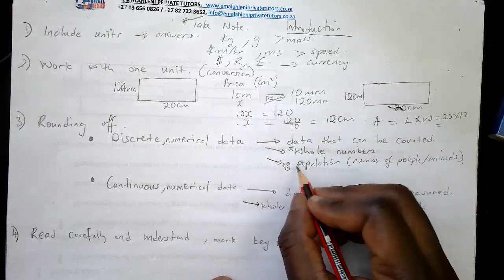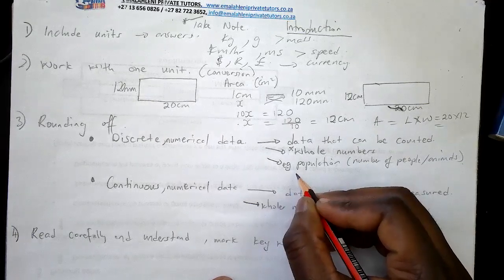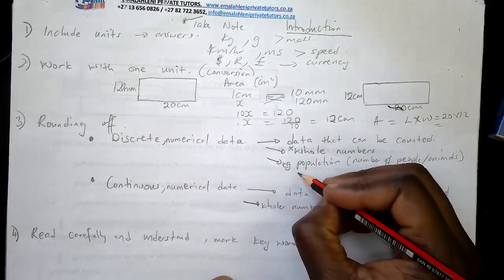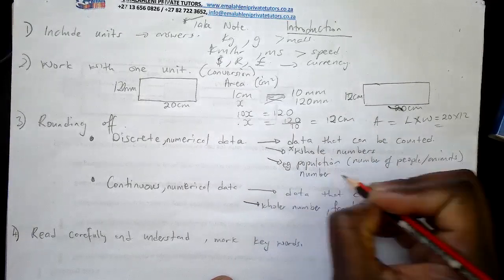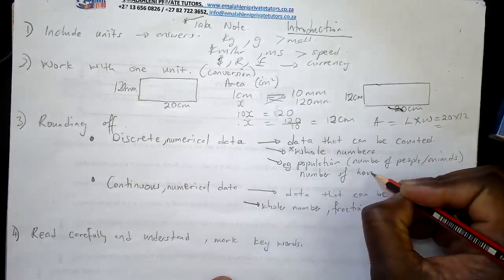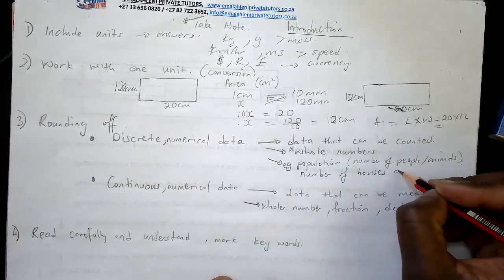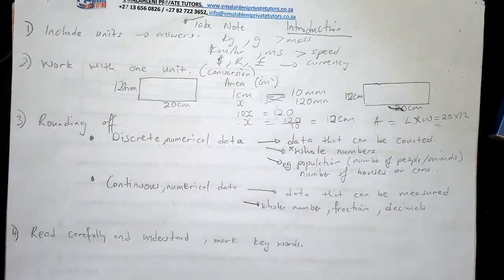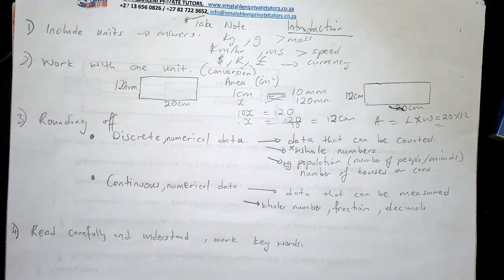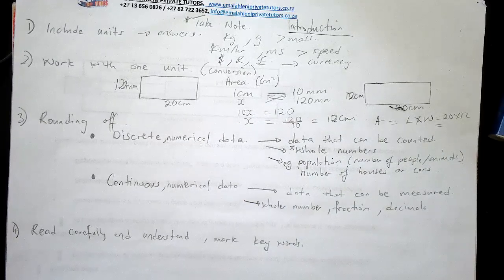These are things that exist only as whole numbers, like the number of houses, and also cars. Even if there is a Lamborghini and an old Mazda 323, a car from 1976, it is still a car. If they are parked in a garage, we say there are two cars in the garage.